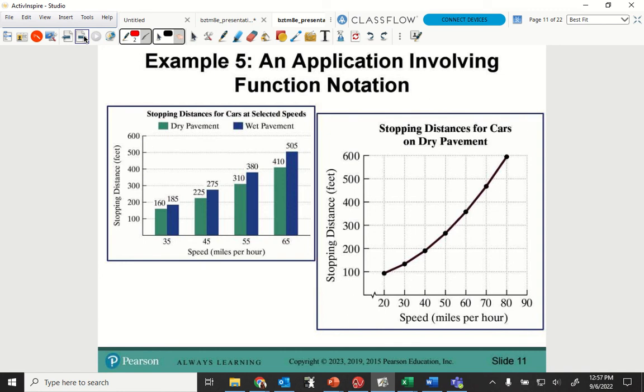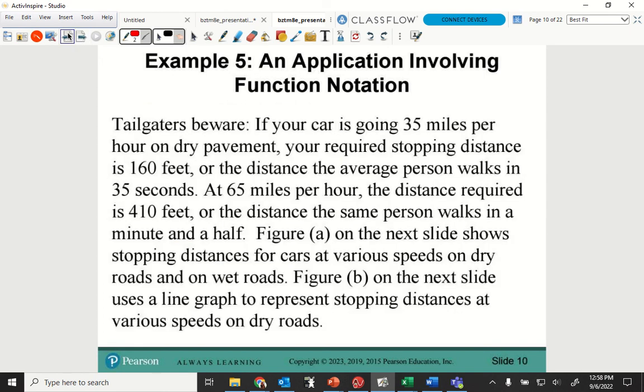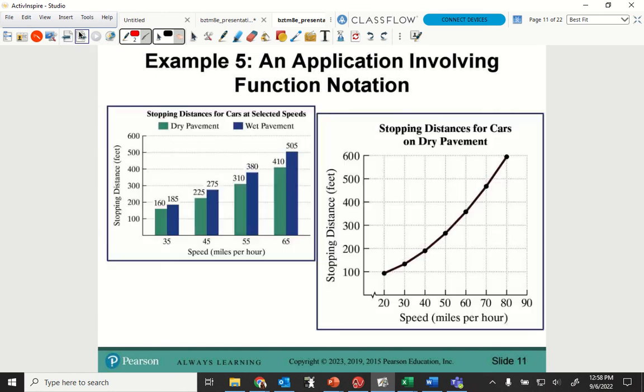It's trying to give you a reference of how far it actually is. So at 65 miles per hour, the stopping distance is like walking for a minute and a half. So you have to walk for a while, right, to get the whole stopping distance from driving your vehicle that fast and trying to come to a complete stop so you don't rear end that person in front of you.